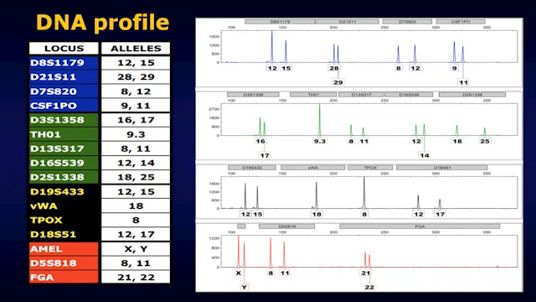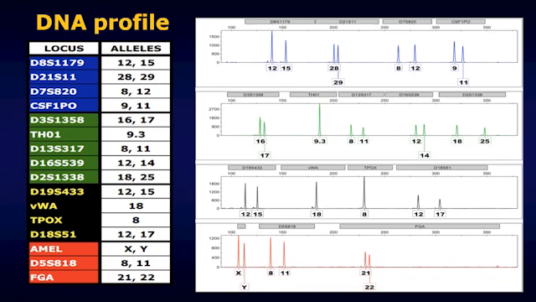These are the names of the alleles that are seen at each of the loci that have been tested. And you can see different test kits can look at a variety of different loci. Here we're looking at a total of 15 different polymorphic loci, and for each of those loci, we get some information about which alleles are present. Again, taken together, that constitutes a DNA profile.